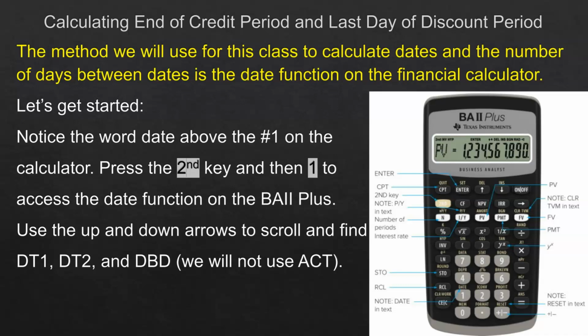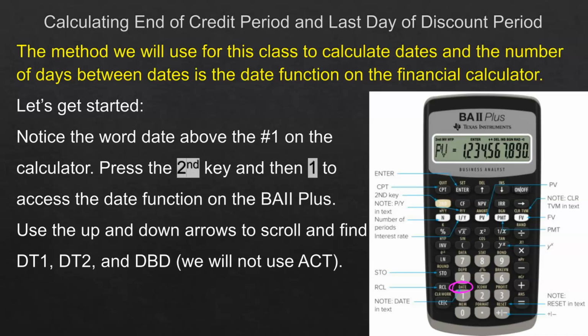Anytime we need to know an ending date, or we need to know the days in between dates, we can use our calculator for that with just a few presses of some buttons, which makes it nice. And so right here I have it written out. Notice the word date above the 1 key right here.